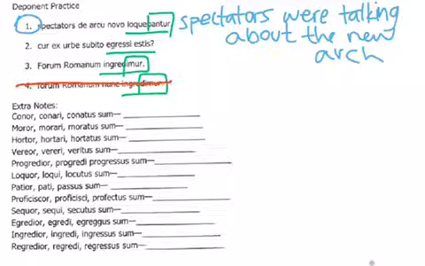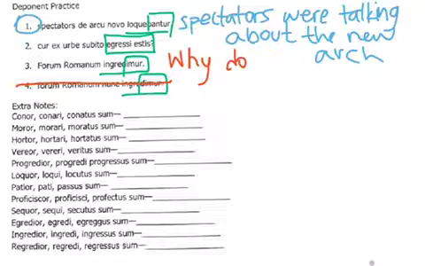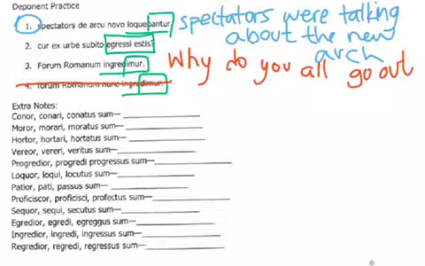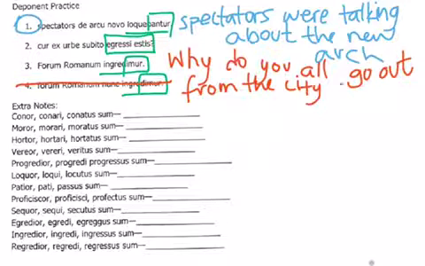Number 2, we've got what looks like a perfect passive, but again, it's just going to translate like perfect tense. Why did you all go out from the city suddenly?